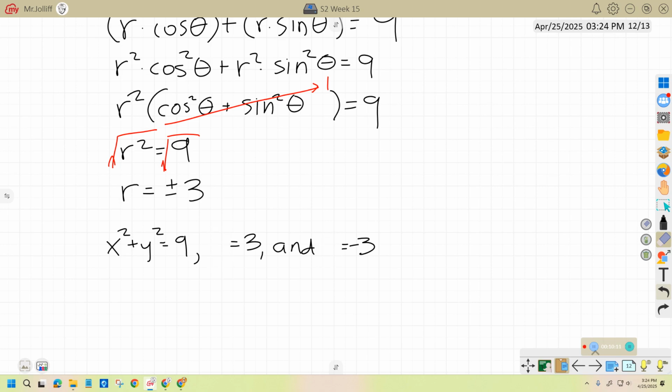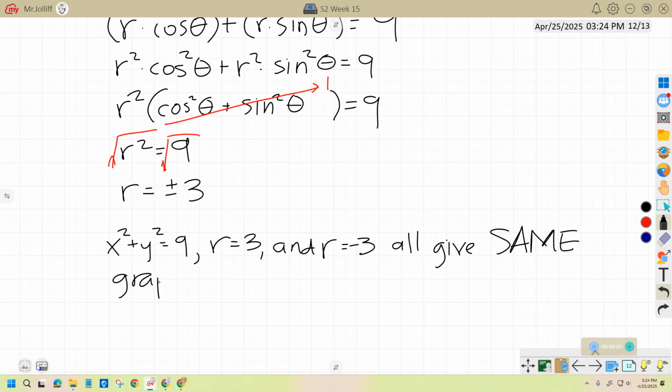You guys got to call me on my nonsense. I've been talking all day. r equals 3, r equals -3. All three of those equations are going to plot the same graph. In other words, all of those equations are equivalent equations.